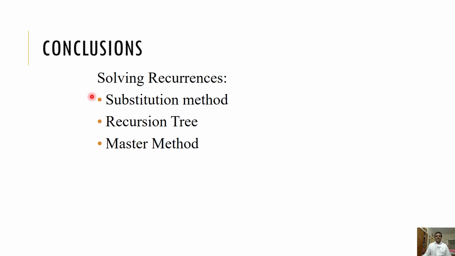To solve those recurrences, we have learned three methods: the substitution method, which is the most general method and supports mathematical induction proofs but needs a guess of the solution; that guess can be achieved by the recursion tree method, which gives intuition. And then we have seen the master method, which is a very powerful method, because most recurrences from divide and conquer based techniques come under the master method to give the solution.